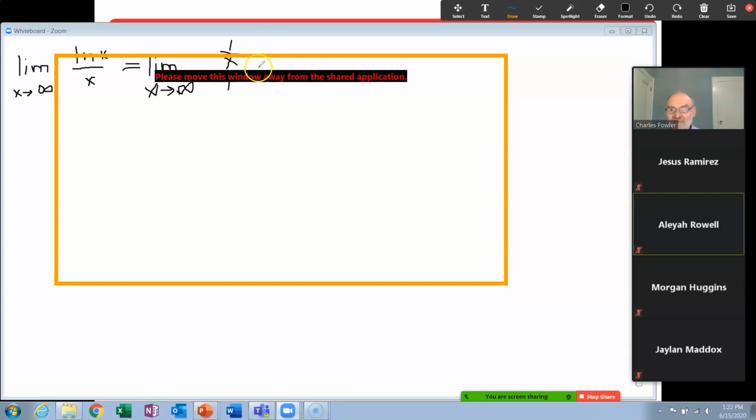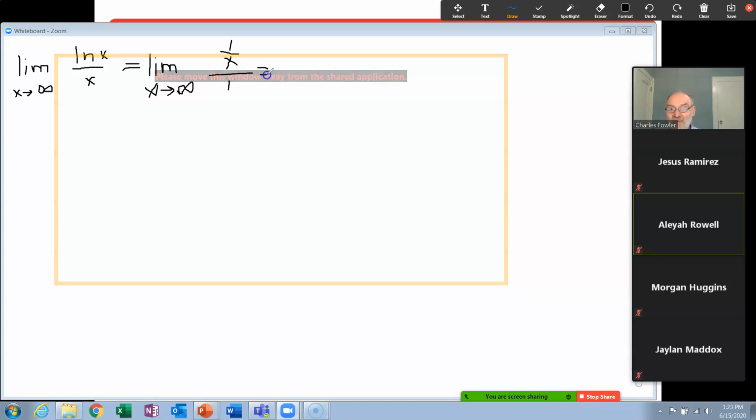So what's this? That's equal to 1 over x, and as x goes to infinity, 1 over infinity is going to 0.